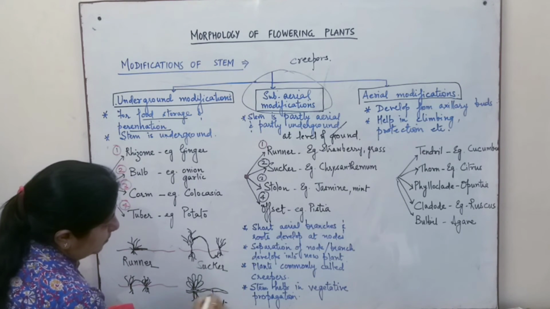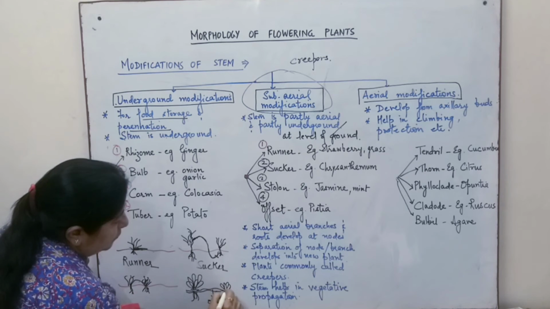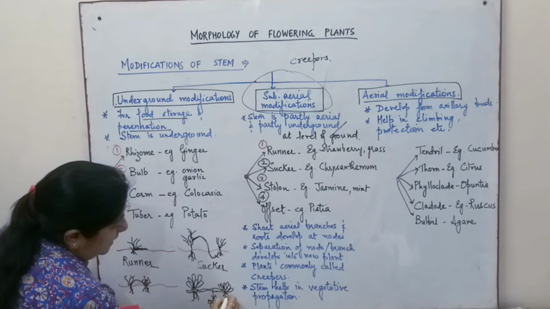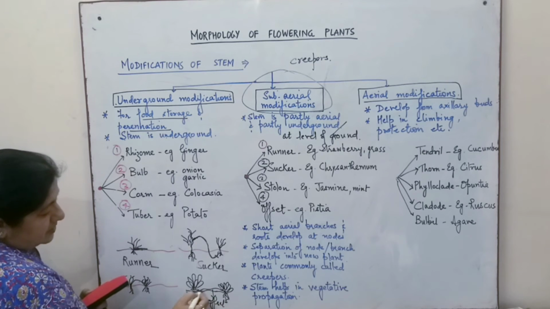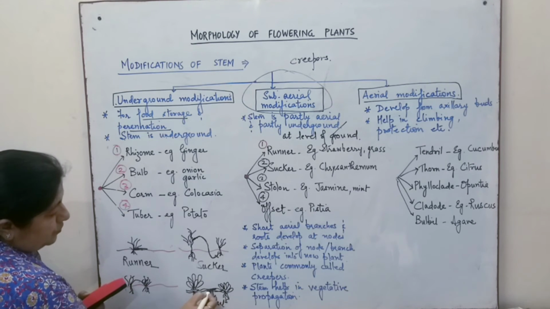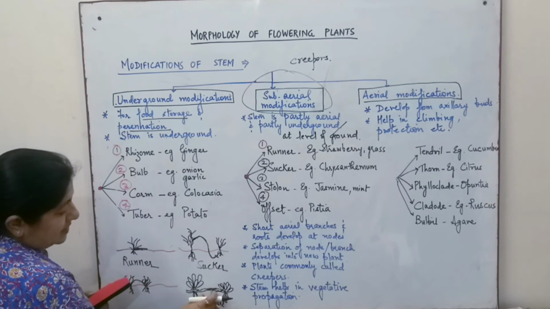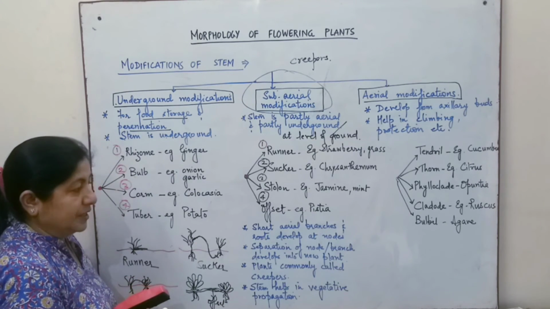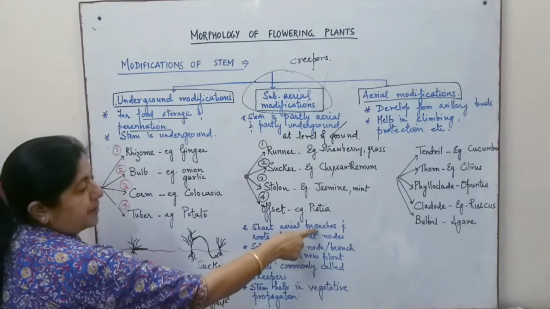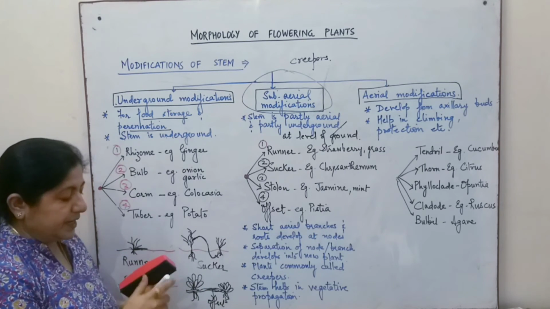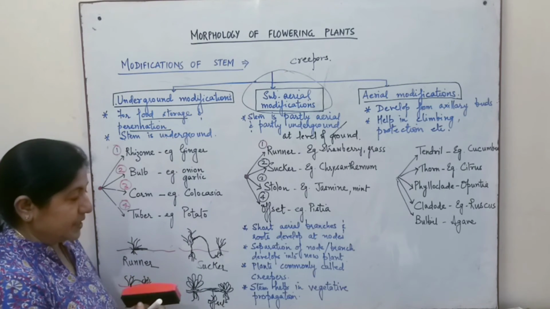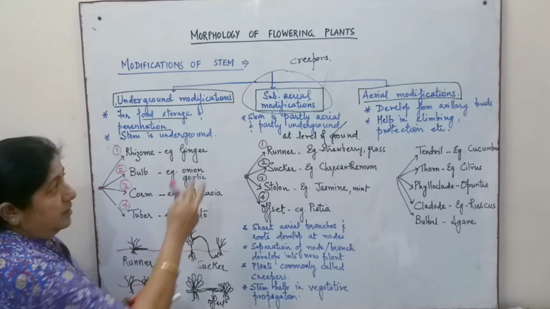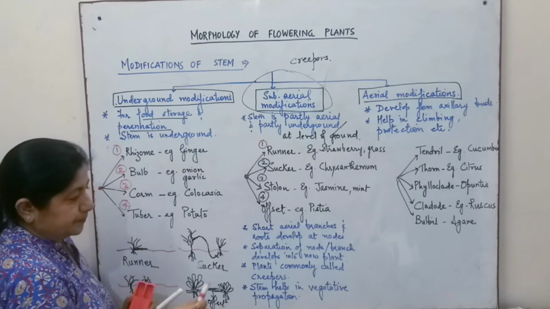The roots develop over here. This is the tuft which is marked in the center, and this stem at nodes will give rise to lateral branches. So short aerial branches and roots will develop at the nodes in the case of the subaerial modifications.